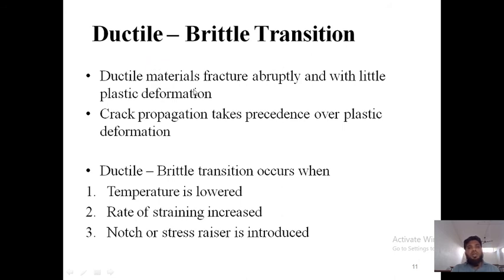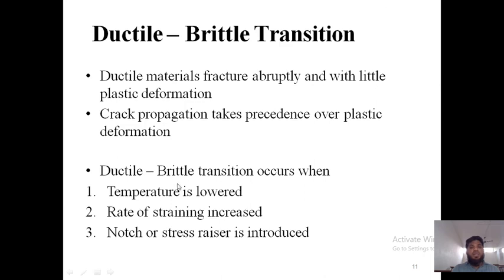So a brittle material fractures abruptly and with little plastic deformation. The crack propagation takes precedence over plastic deformation. In ductile material, generally the crack propagation will take place only after the plastic deformation. Unless there is plastic deformation, there is no crack propagation. In ductile material, first plastic deformation will happen. Okay. So what are the conditions when the material will change from ductile to brittle?